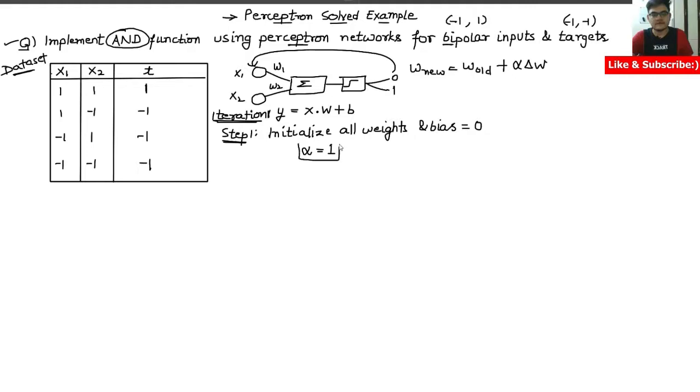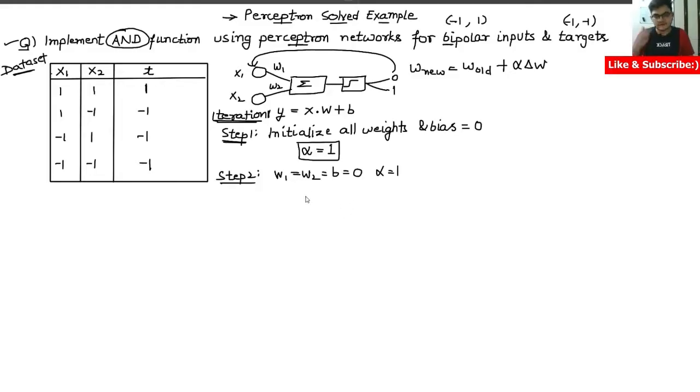So learning rate is equal to 1 and weights and bias are all 0. All right, so in the first iteration we are performing step 1. Let's move on to step 2. So we have initialized all the weights, which are W1 and W2 equal to the bias, and this is equal to 0 and alpha equals 1. We already know that.